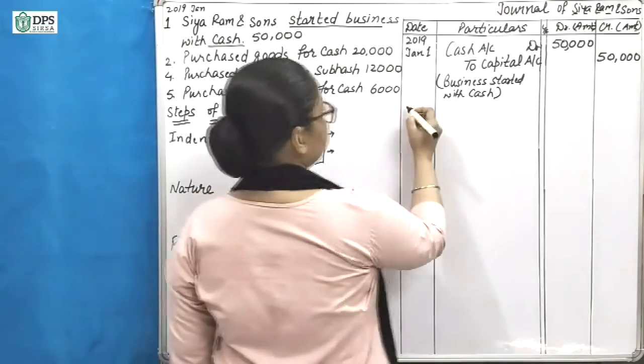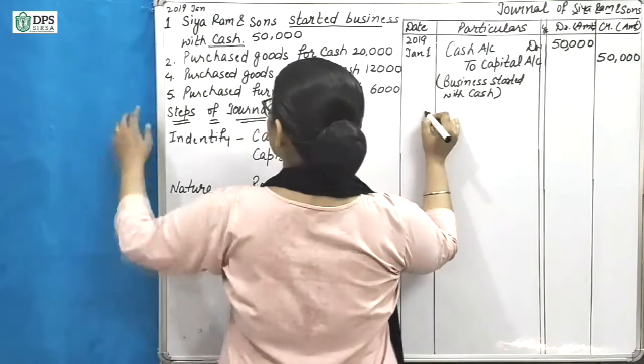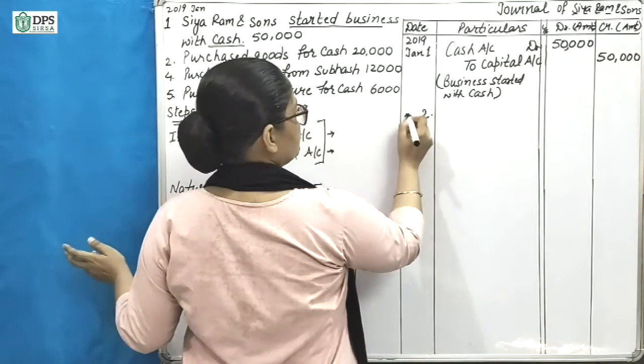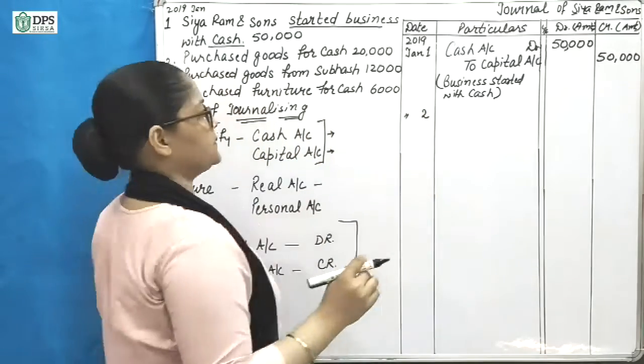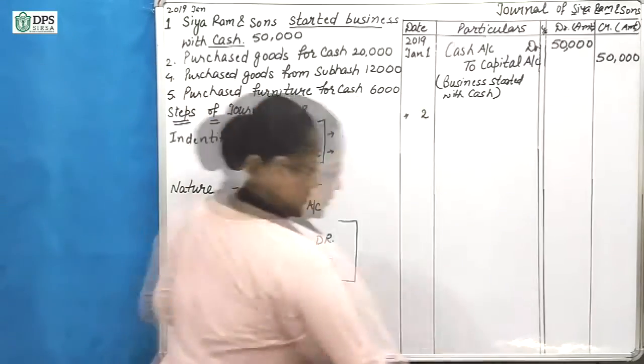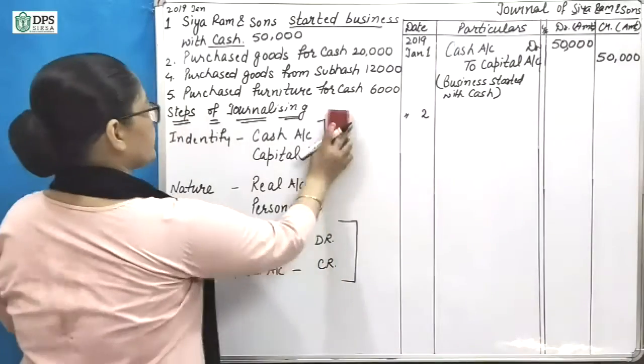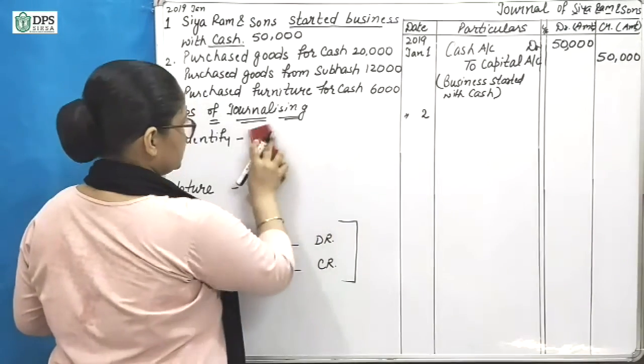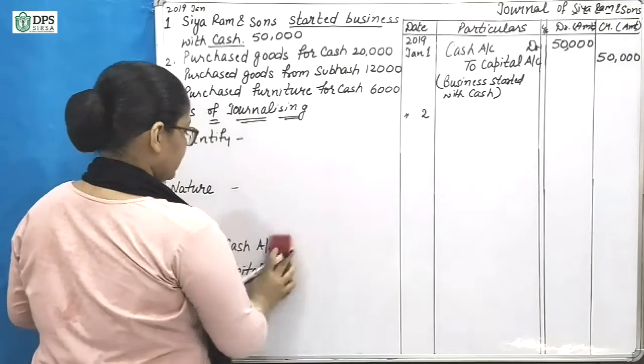Now we will move towards the second entry, that is on January 2nd. So you can write here January 2nd. So the same steps we will follow for the next entry.